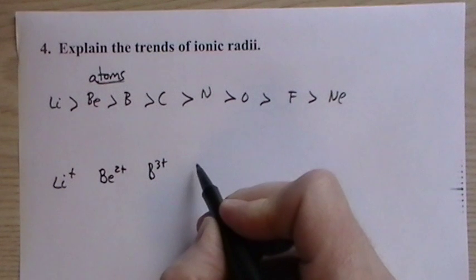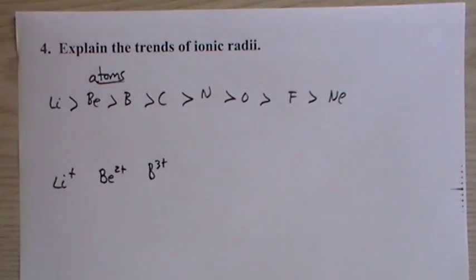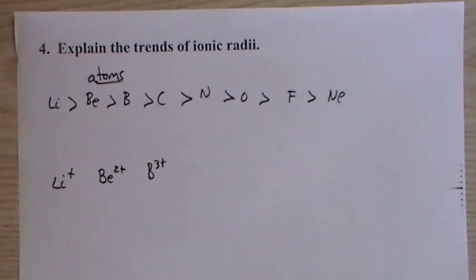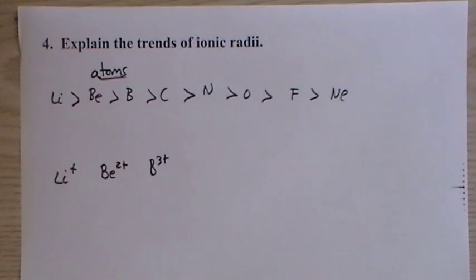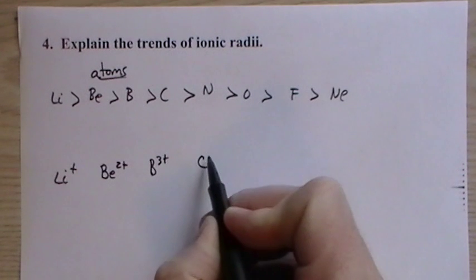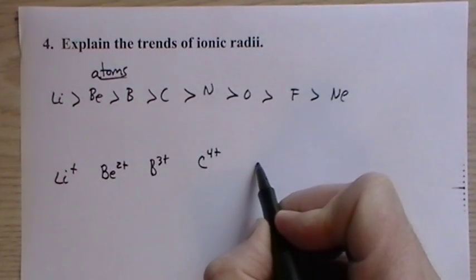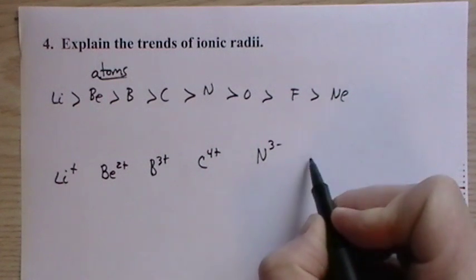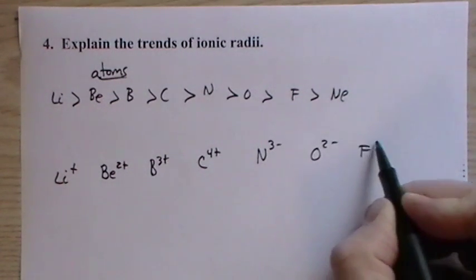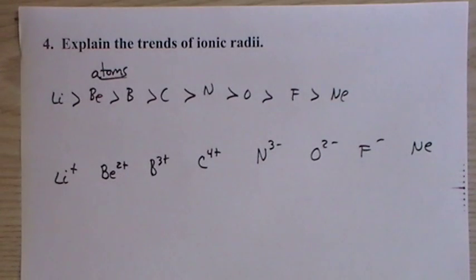So don't worry if you're thinking, wait a minute, you said that boron doesn't form ions. It doesn't normally do it, and it won't form ionic compounds, but we can still strip the electrons away. And then carbon will make +4 because it can be -4 or +4. Then we have nitrogen -3, oxygen -2, fluorine -1, and then neon is unaffected.